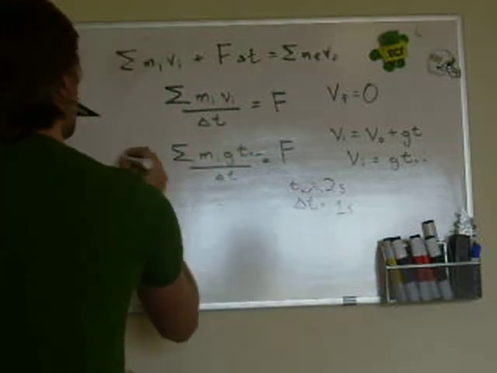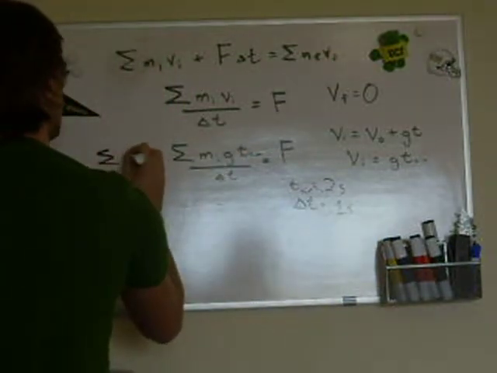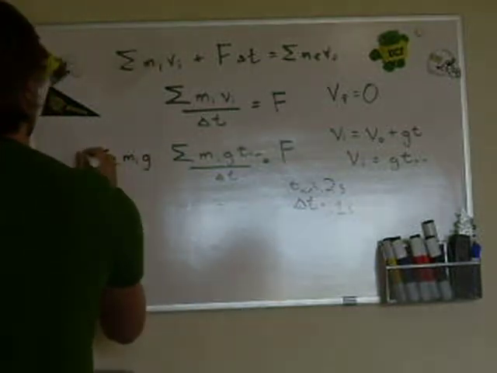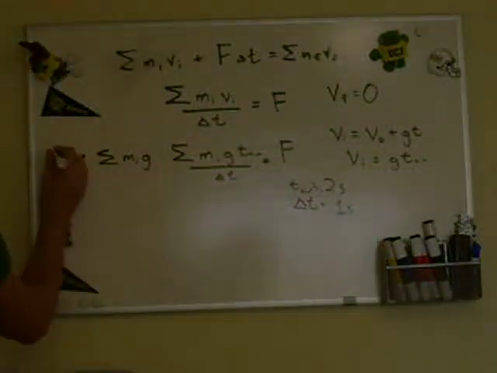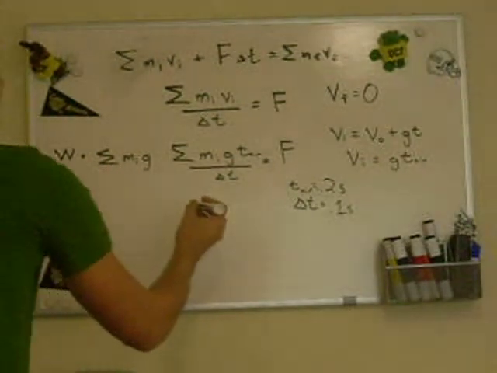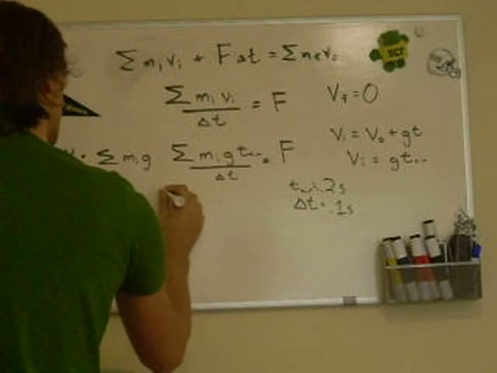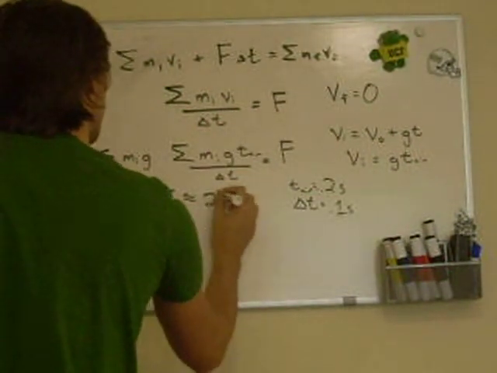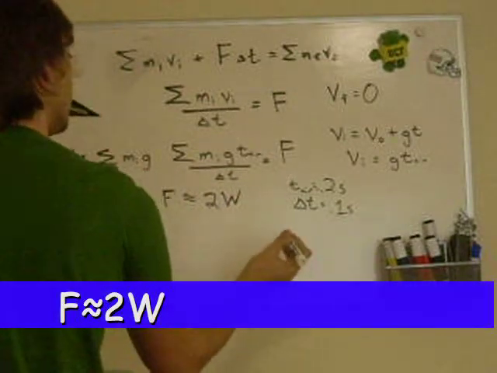From here, the sum of the initial masses times gravity is equal to the weight, which we previously calculated. That will give us the force is roughly equal to about 2 times the weight.